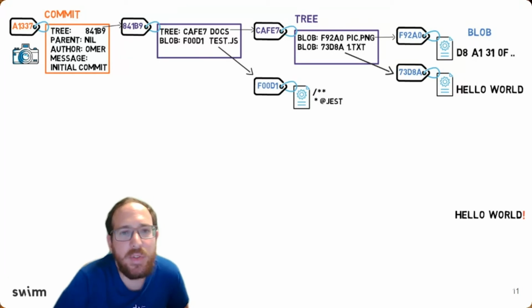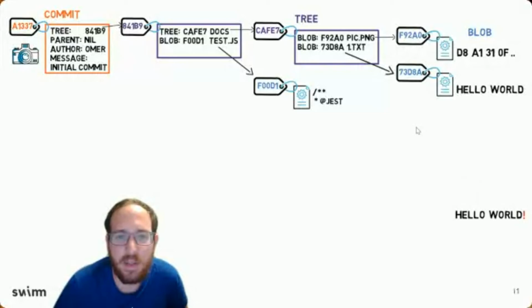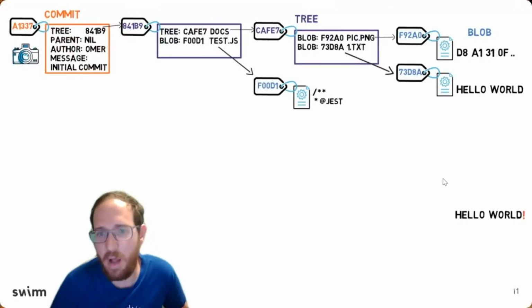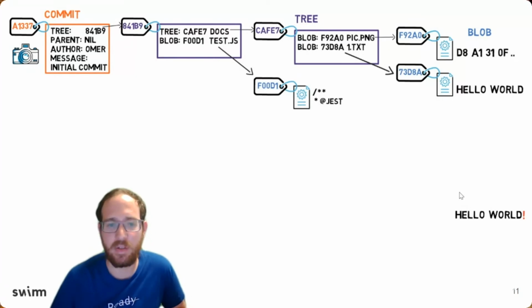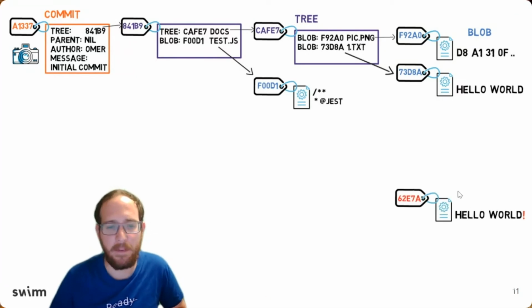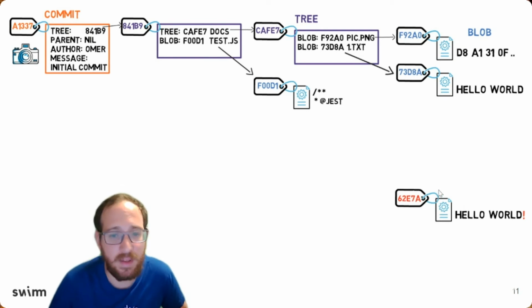So what is going to change now? Actually, this file, 1.txt, or more accurately, this blob, is now a different blob, right? We have a blob that consists of one more character. As a result, its SHA-1 value is going to be different. It's going to be 62E7A, for example.